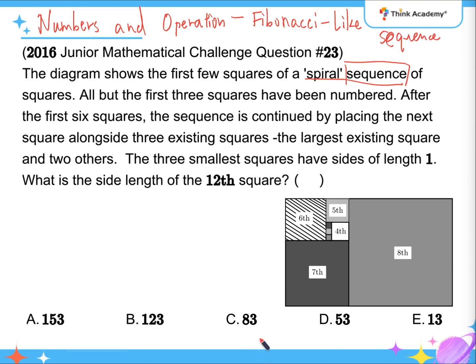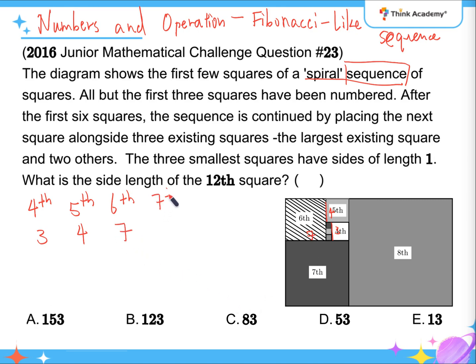Okay, and why so? How so? So for the first 3 squares, their lengths are 1, right? And starting from the 4th one, it has got a length of 3. And for the 5th one, it is a length of 4. For the 6th one, it is having a length of 3 adding 4, that is 7, right?